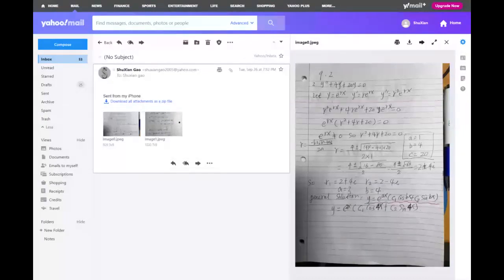So I plug in, and get the general solution: y equals e to the 2x times c1 cosine 4x plus c2 sine 4x. That's my solution. Thank you.